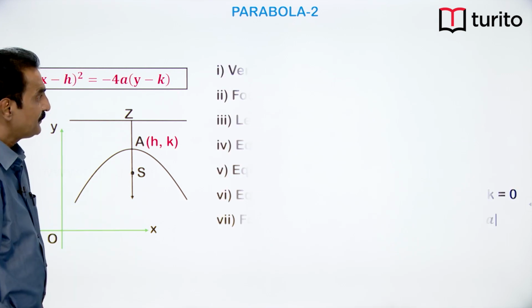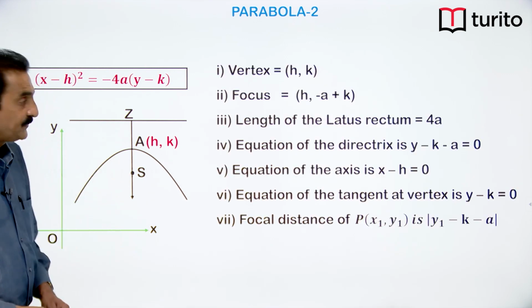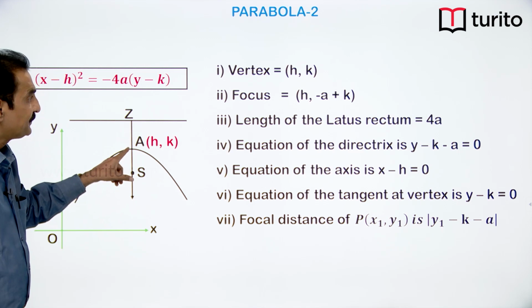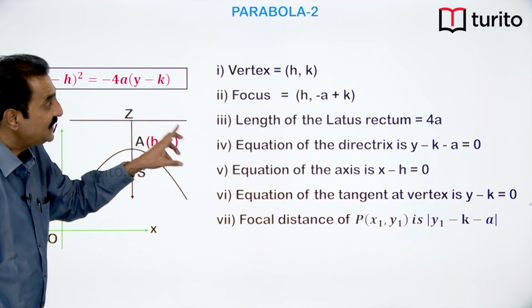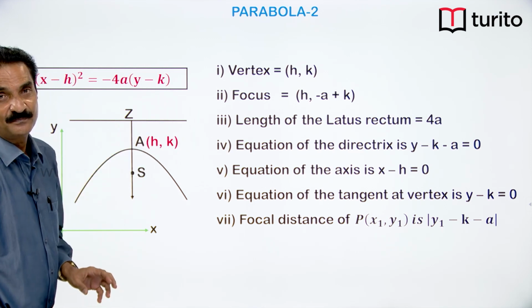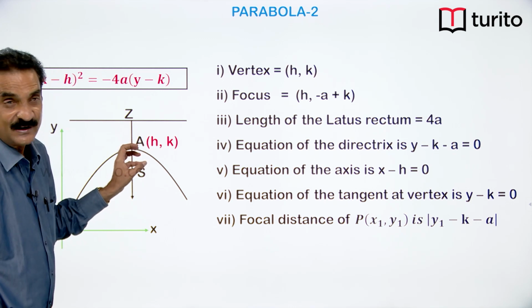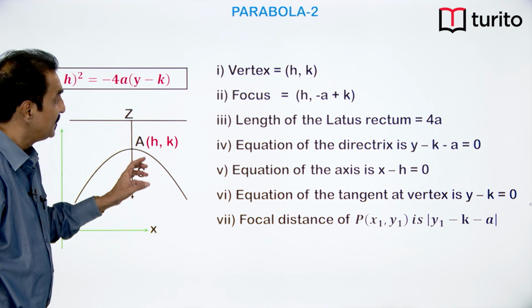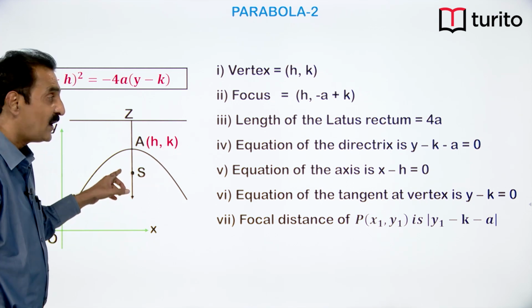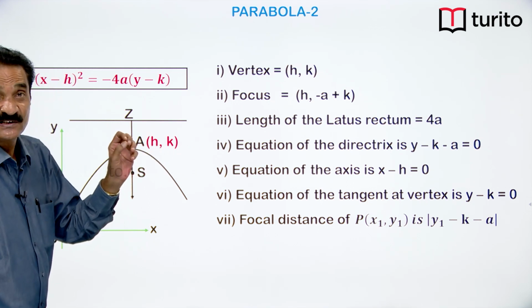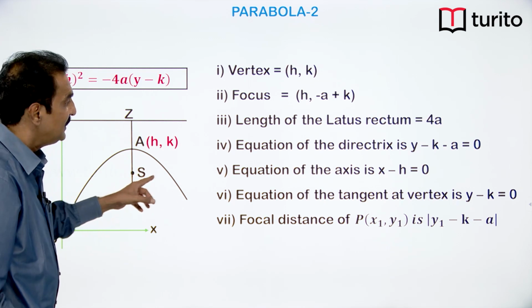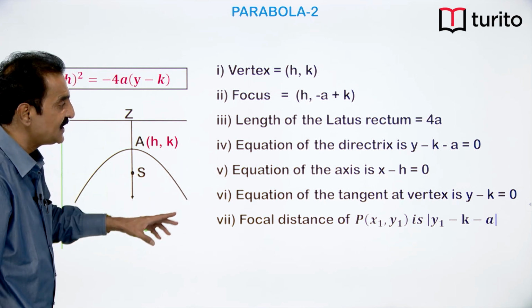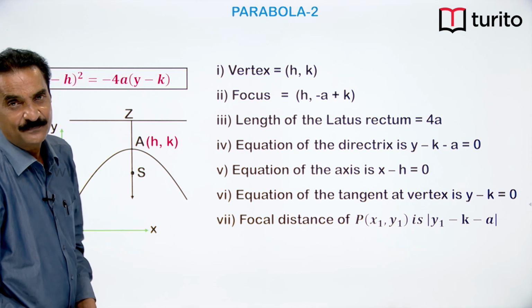This is the parabola. The characteristics are: vertex (h, k), focus (h, minus a plus k), adding h and k to the coordinates; length of the latus rectum 4a; equation of the directrix y minus k plus a is equal to 0, replacing y by y minus k; equation of the axis; equation of the tangent at vertex; focal distance.